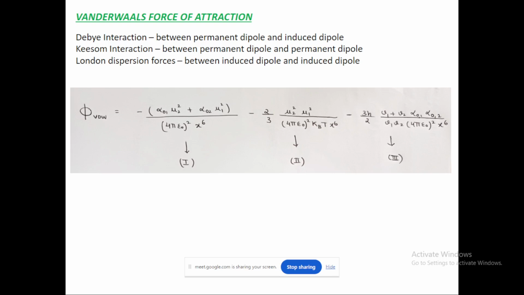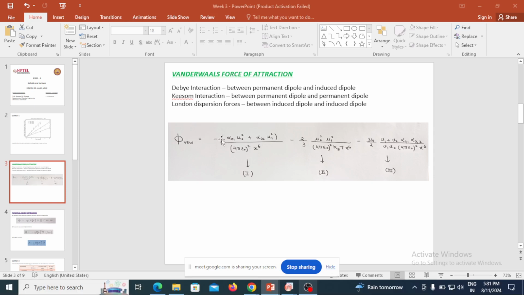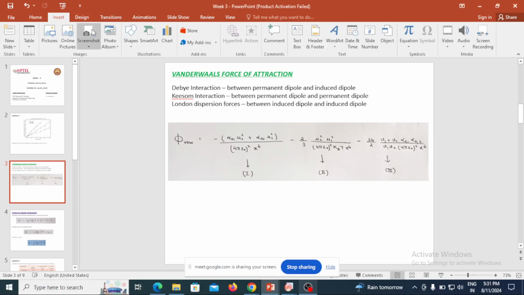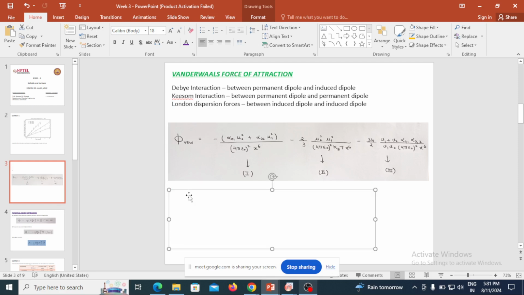So since I didn't receive any answer, let me just mention this. You should always try to, if not memorize the entire expression, at least be able to identify which one belongs to which type of interactions. So that will be helpful.